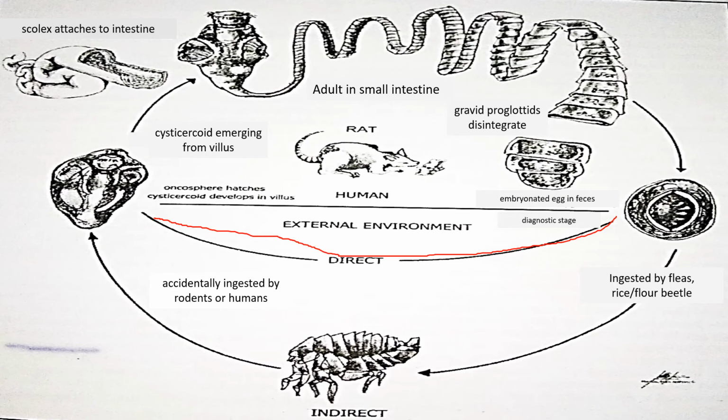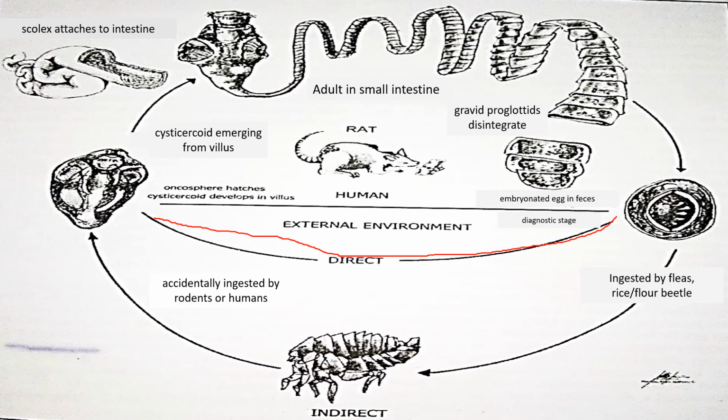So indirect cycle naman niya, accidental ingestion of infected arthropod as the intermediate host, like the rice and flour beetles, your Tenebrio species, and sometimes through fomites, water, or food contaminated with larva.